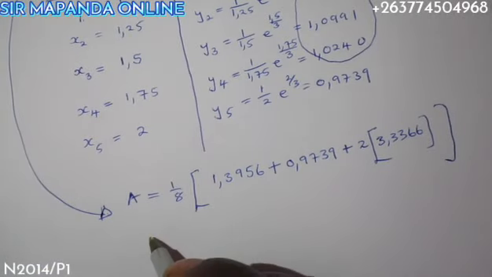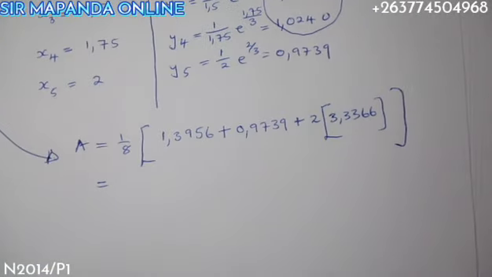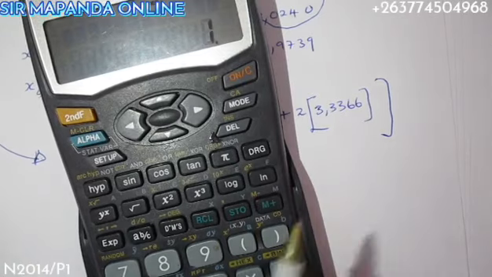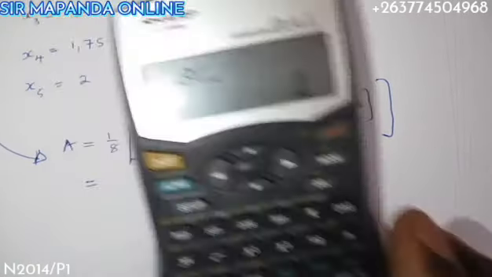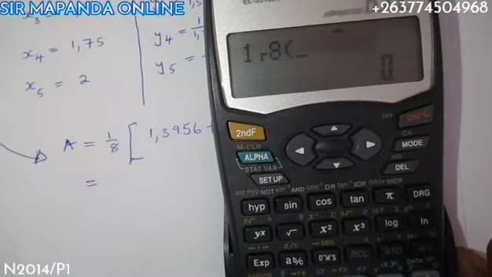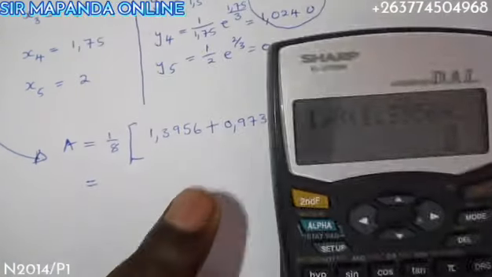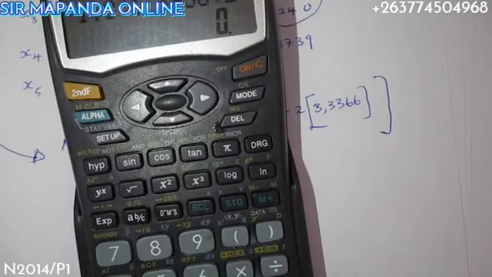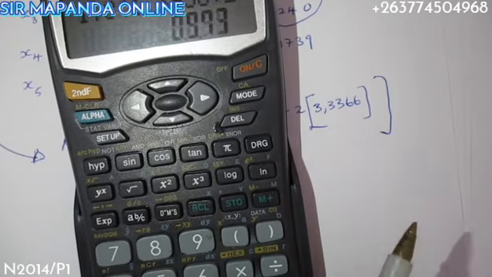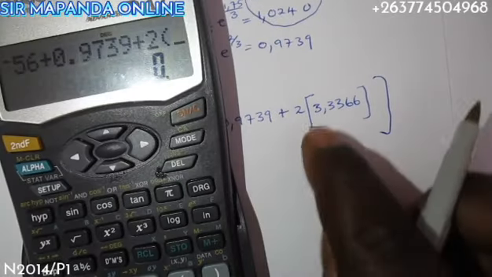So let me punch this in at once. You get 1/8, open bracket, 1.3956 plus 0.9739 plus twice the rest.